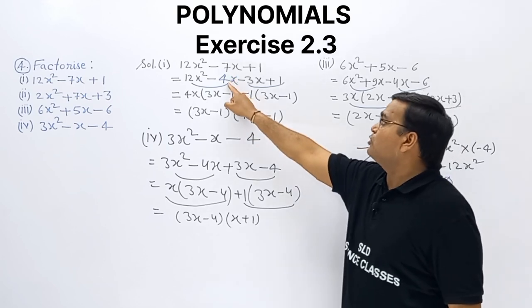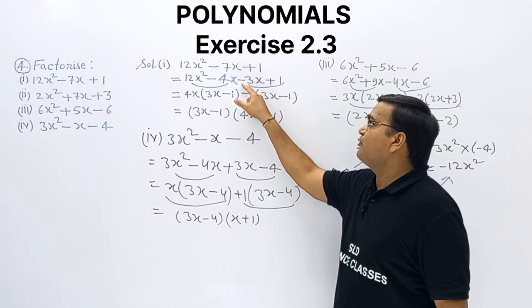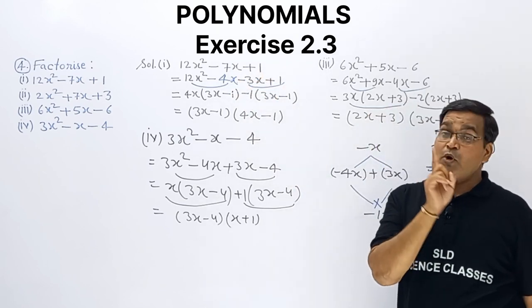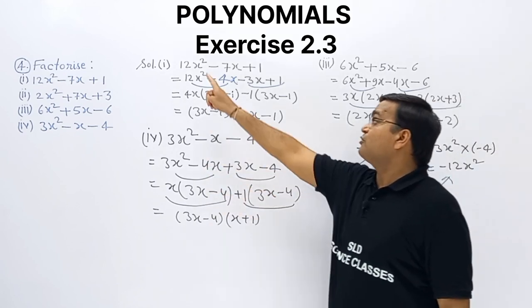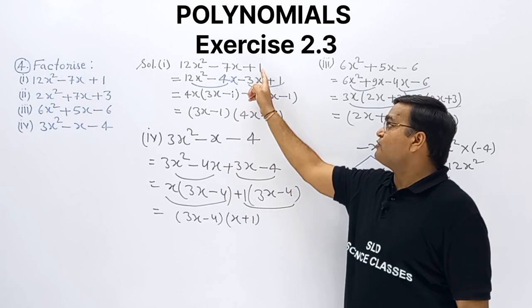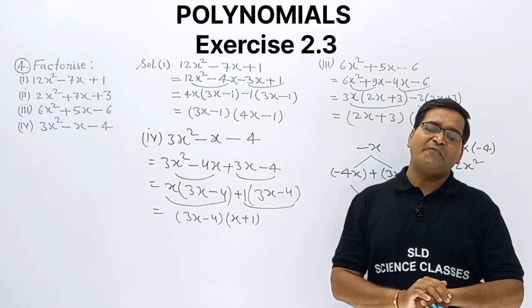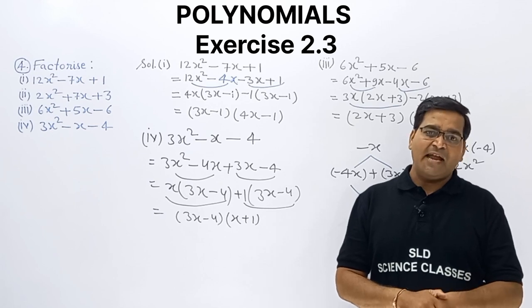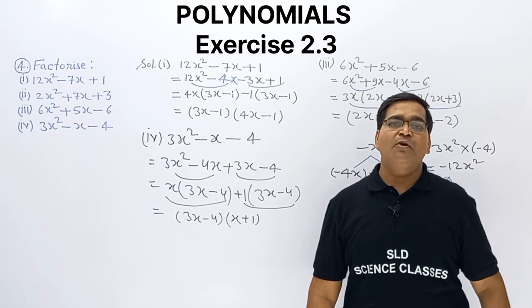And the product of both parts should be equal to the product of the x square term and the constant term. This is the process of finding factors of quadratic polynomials. That's all about this class.